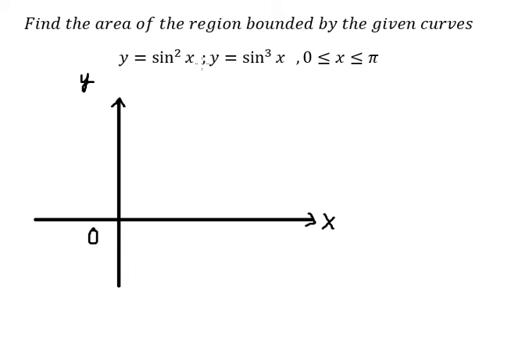We know that sin x between 0 and pi, the value should be between number 0 to number 1. So if we put the power 2 and the power 3, with the power 3, the value is smaller than the value of the square in here.